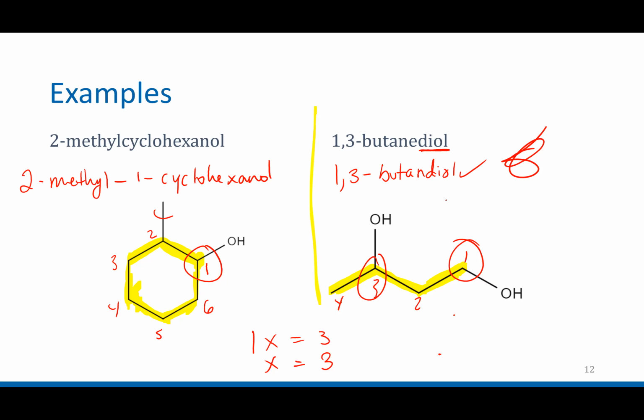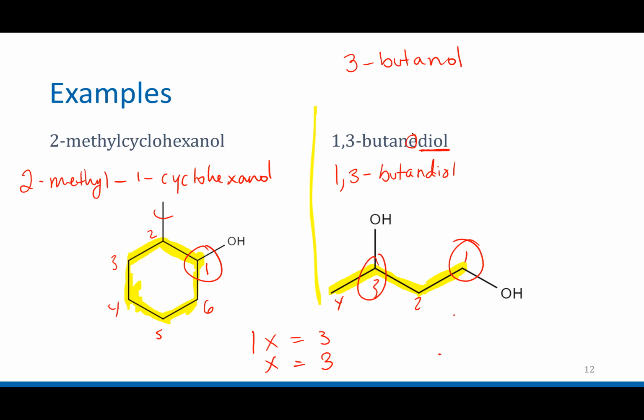I can kind of explain this to you. I don't know if I really need to, but it is interesting. So if this was just one alcohol, say it was 3-butanol, how come we dropped the E in butanol, but we didn't drop the E in butane diol?